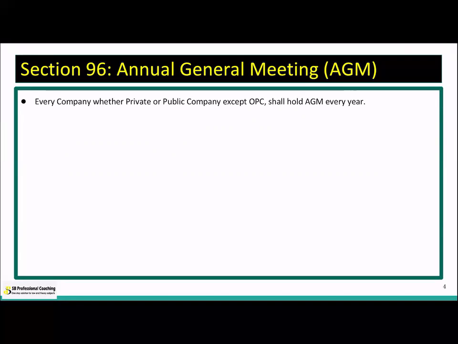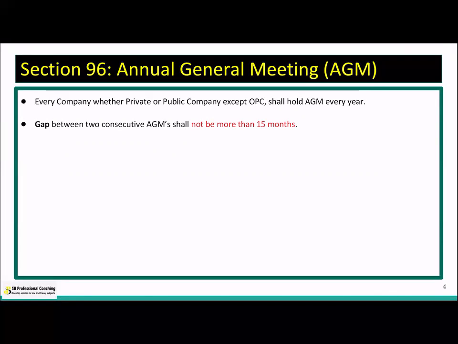Why is the OPC exempted? Because it is a single person company. Only one member is there in a one person company, and for a meeting you would require at least 2 or more persons. So a company, be it private or public, needs to hold an annual general meeting.